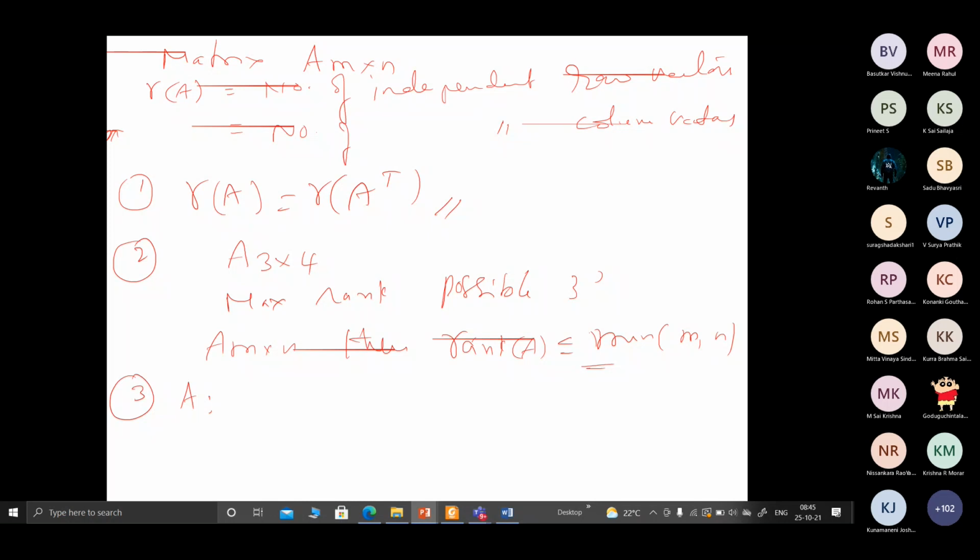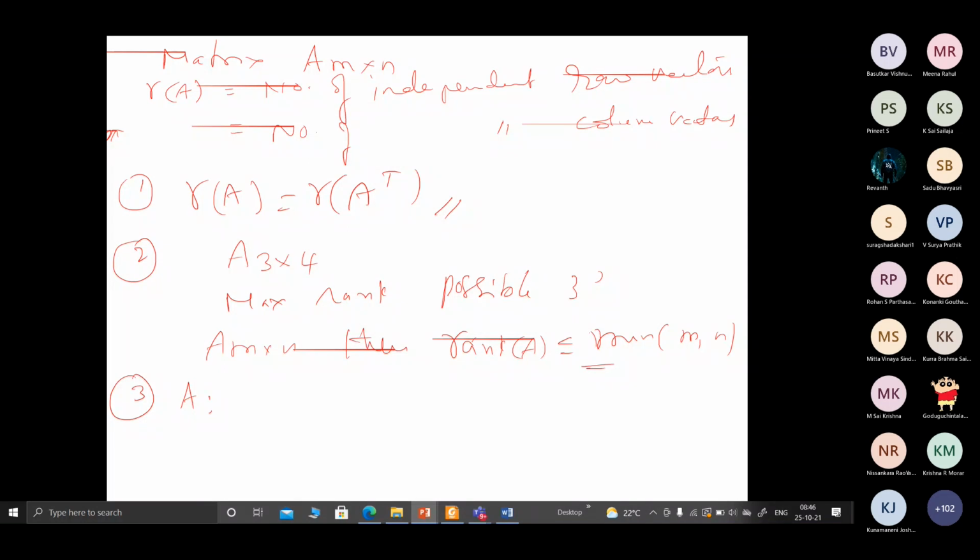Yes, sir. That maximum is the rank. This minimum is the value of m comma n, that order. Don't confuse. The highest rank possible is the minimum value of these two numbers. That's the meaning.